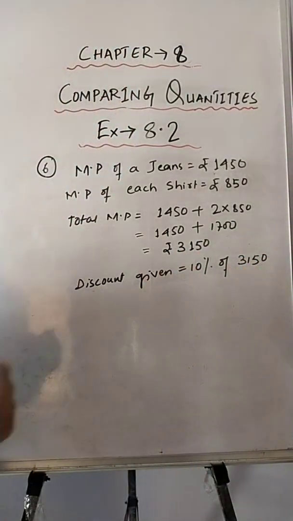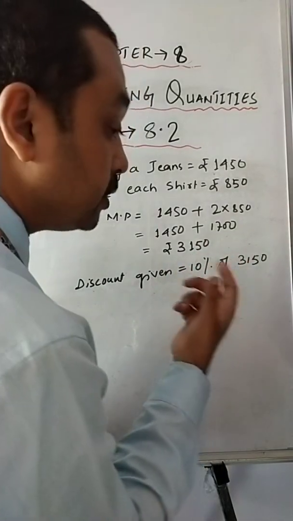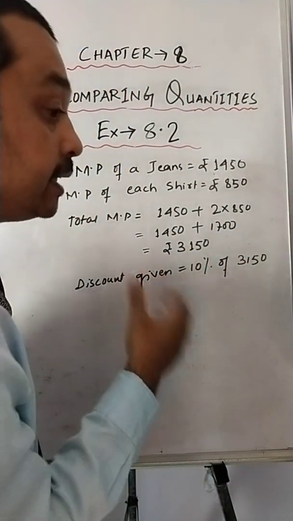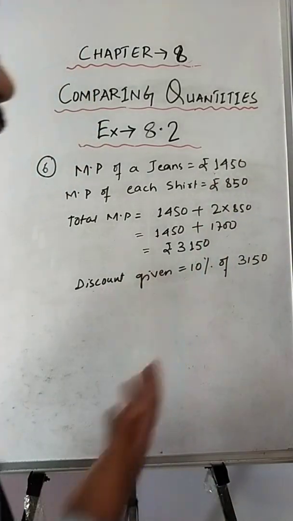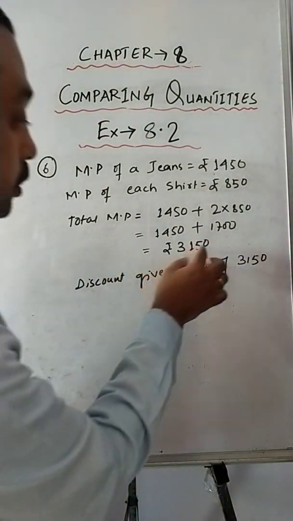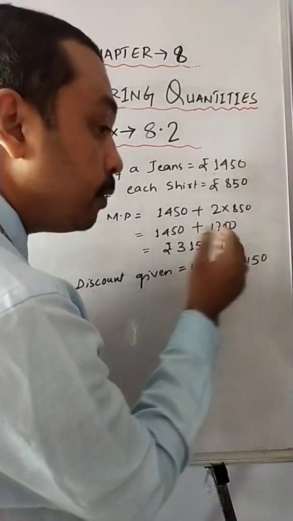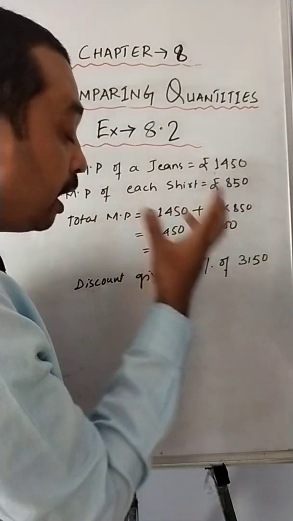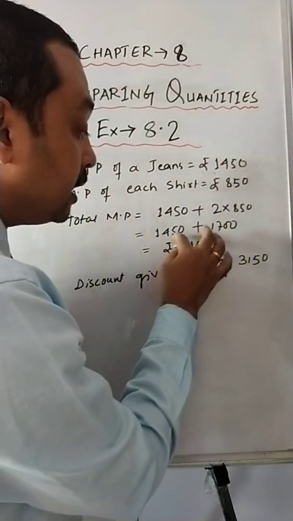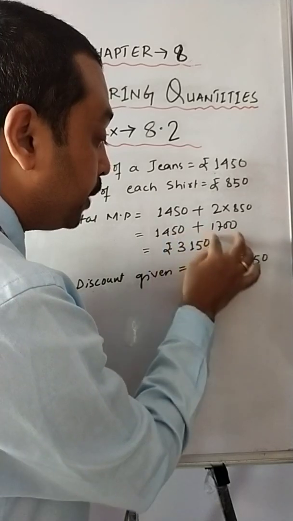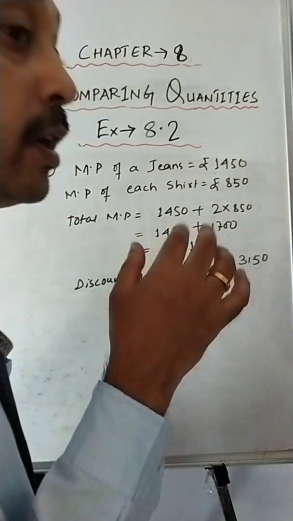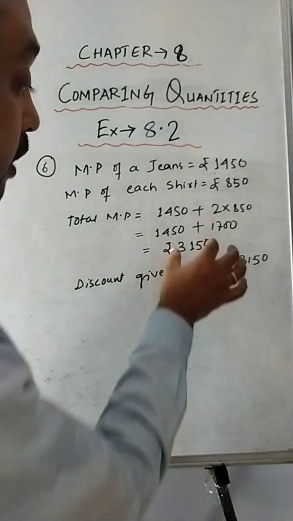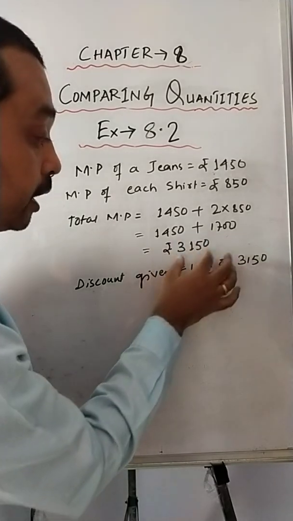So we have to check now. If a shop is offering a 10% discount, does it mean that 10 rupees he is going to deduct? Your total MP is 3150. The shop is saying you don't have to pay 3150, because we are giving a discount of 10% on your amount.